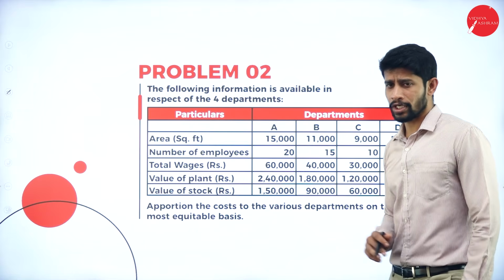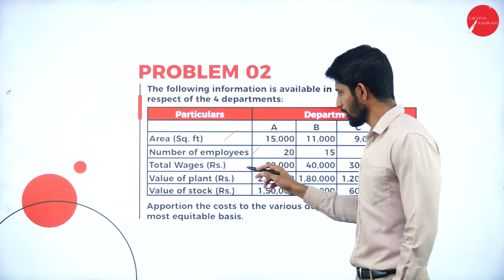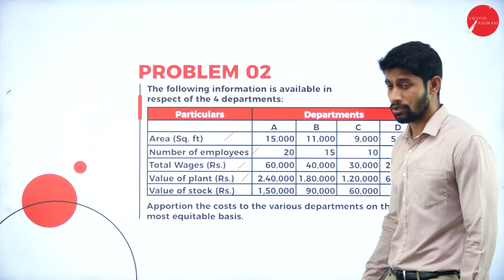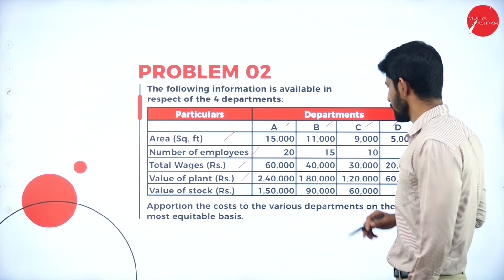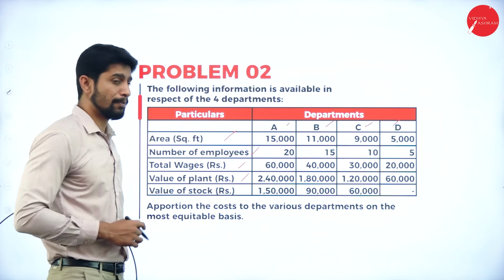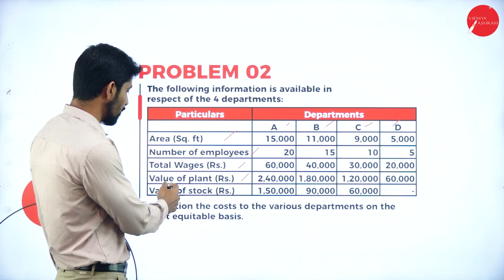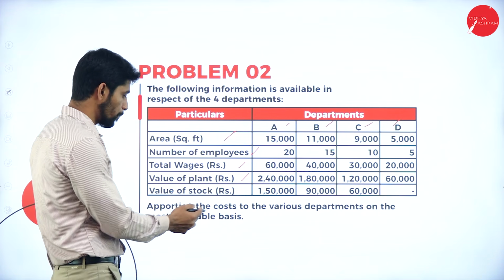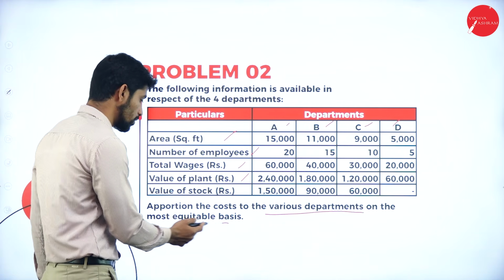So now a few more pieces of information are given. Area is given, number of employees, total wages, and value of plant and value of stock are also given for departments A, B, C and D. Apportion the cost to the various departments on the most equitable basis.